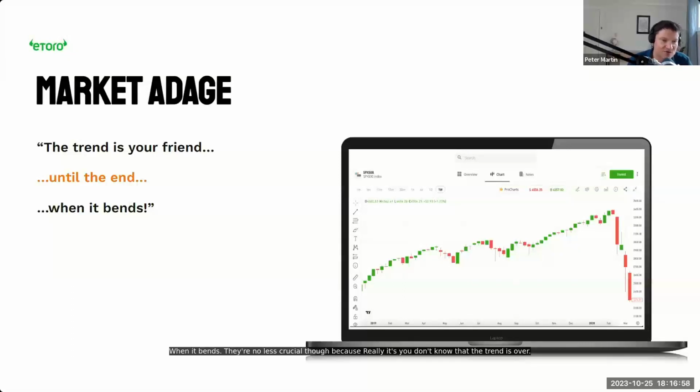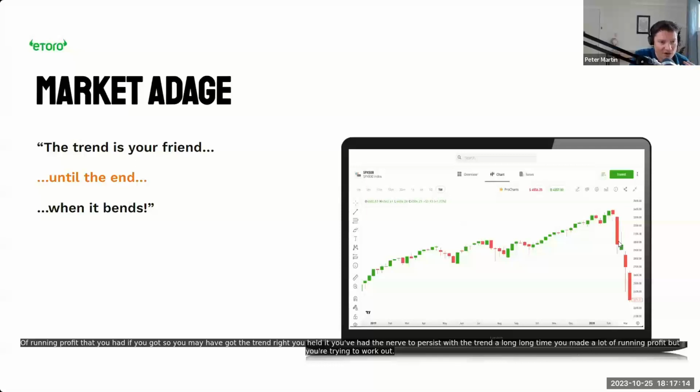They're no less crucial though, because you don't know that the trend is over until it actually goes into a different direction, which could be a downtrend or just sideways. But usually it's this giving back of running profit that you had.